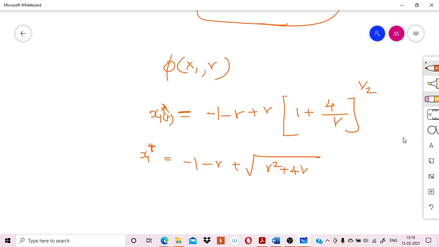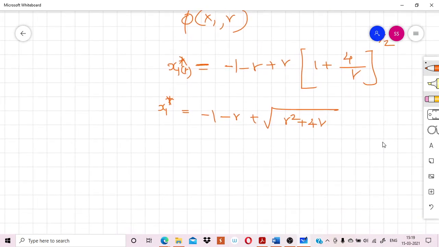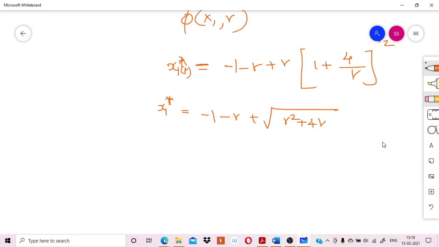So you take r square outside the root, then you will get this. And x1 star you will get this, then x2 star is equal to minus 1 by 2r. So these two solutions for x1 and x2 are both a function of our variable r.